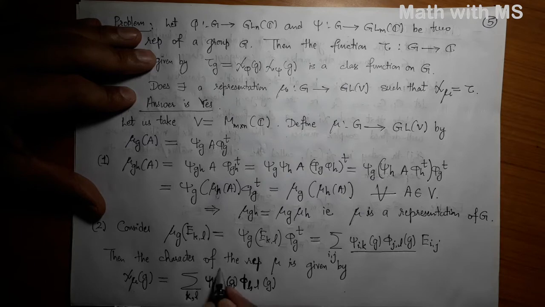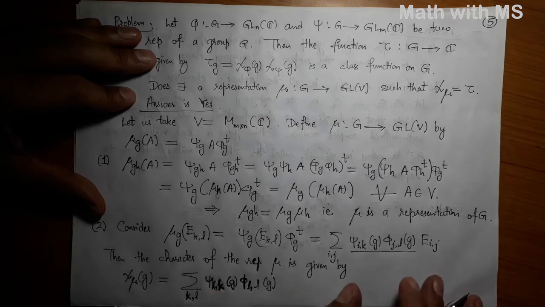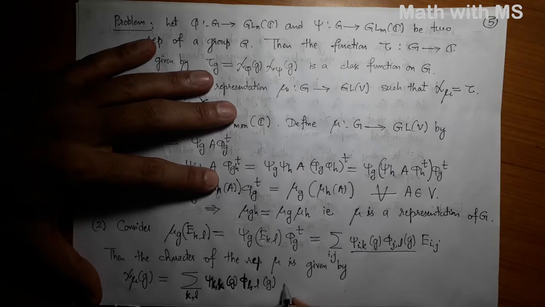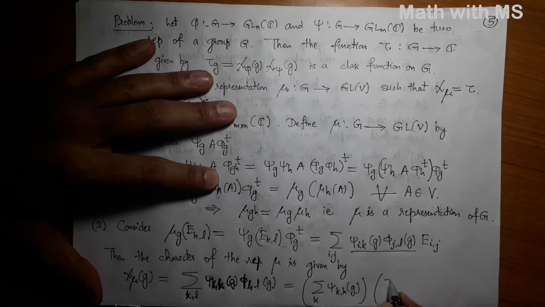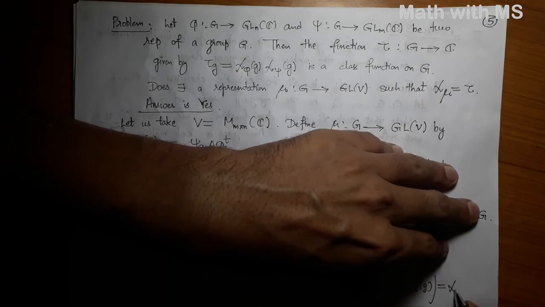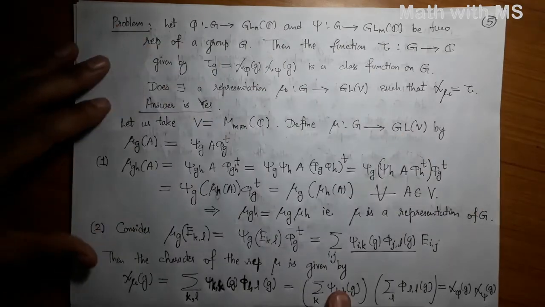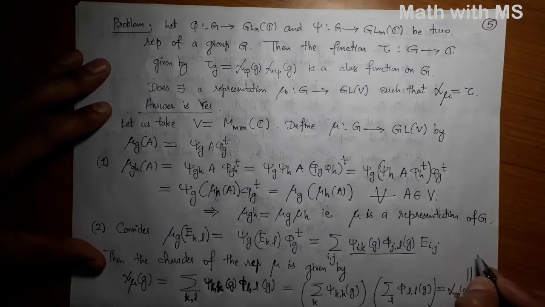Alright, but now observe this: the summation over psi_kk(g) is the trace of psi at g, and the summation over phi_ll(g) is the trace of the representation phi at g. So this is basically just the product of the summation of psi_kk(g) as you run over k, times the summation of phi_ll(g) as you run over l, and this turns out to be just chi_phi(g) times chi_psi(g), which I have set as tau of g.